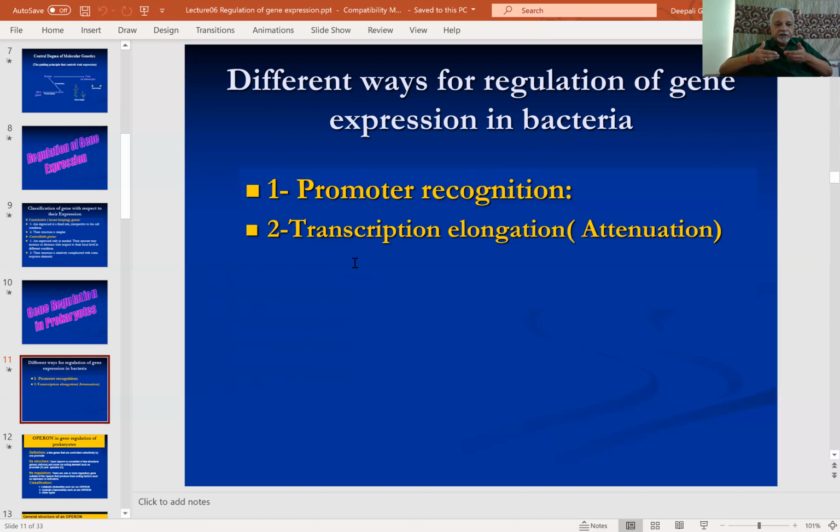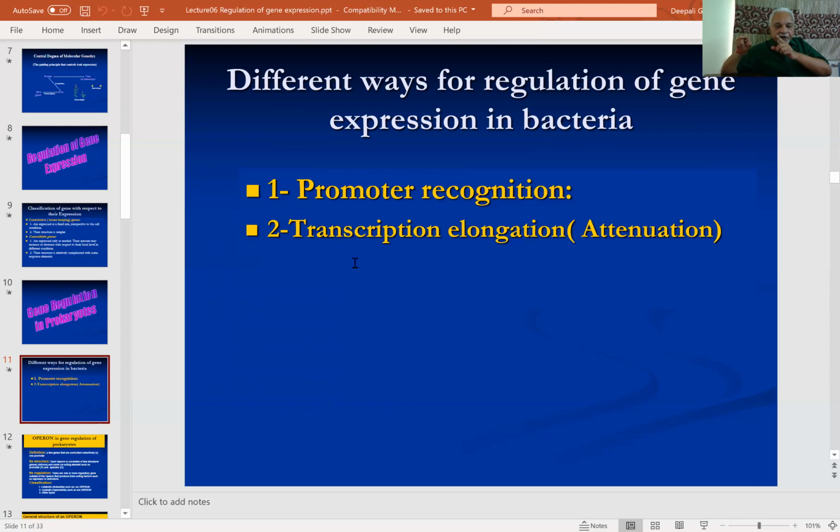Now, the difference between prokaryotic and eukaryotic transcription units is that the structural or operon part, what we call, includes all the genes which are responsible for a pathway, located side by side in the same operon.